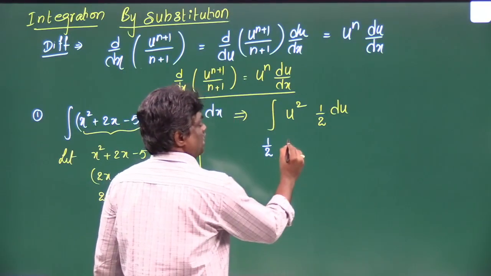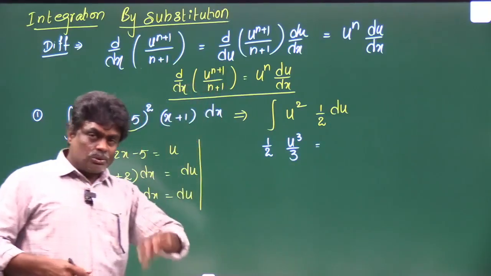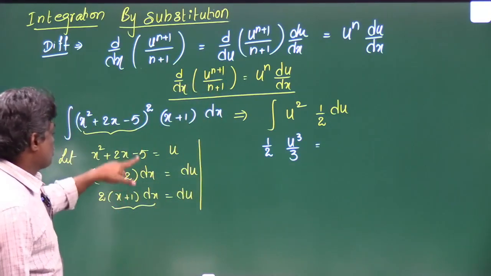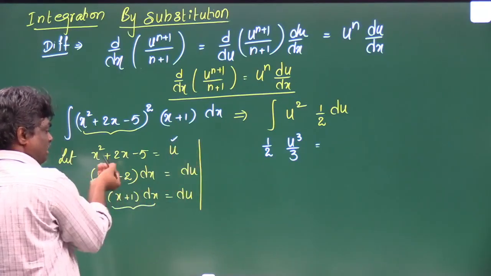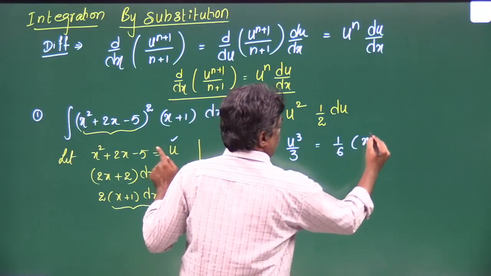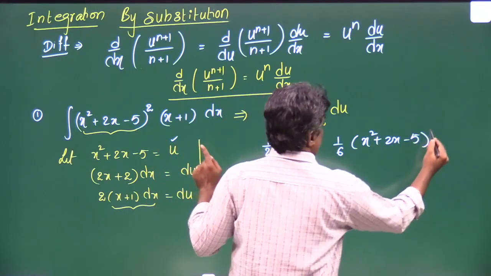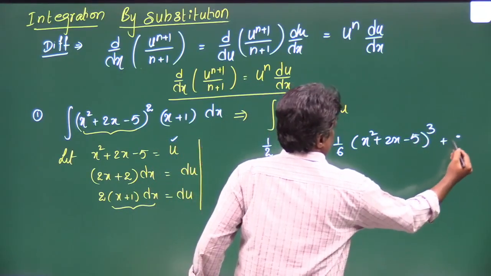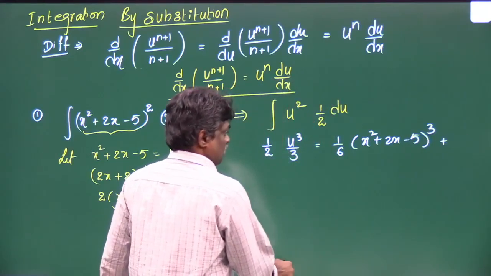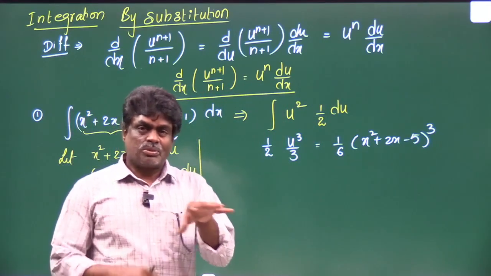U square du is nothing but u cube by 3. And you should not leave it like that. Again you have to substitute back whatever assumption you made, u equal to. So this is 1 by 6 into x square plus 2x minus 5 whole cube, of course plus c. Okay, so this is the substitution method.